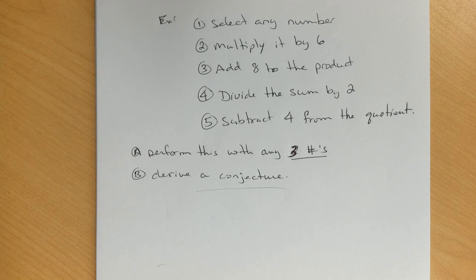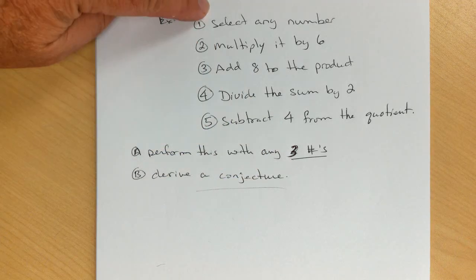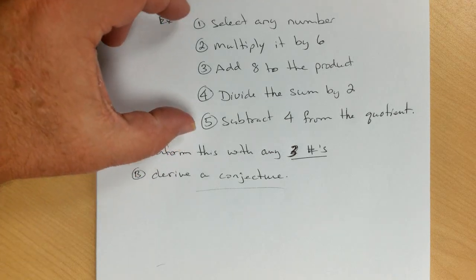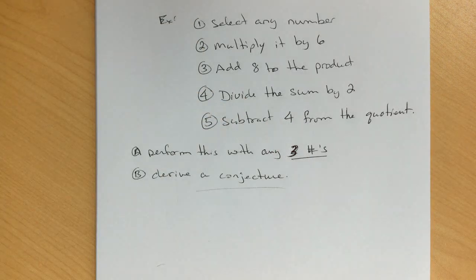Finish it. Just sit there, do the work. What's your conclusion? I say, pick 3 numbers, work these 5 steps, and tell me what you got. So you have to do these 5 steps 3 times with 3 different numbers.